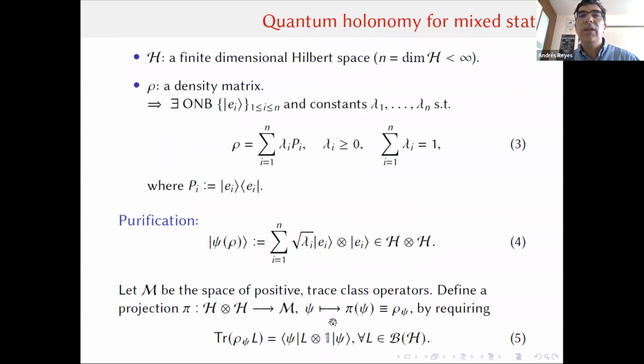Here you see that there is a redundancy. This purification is not unique, basically because it is only when we restrict this state to the first subsystem that we get back our original density matrix. So if we multiply the second entry here in equation 4 by a unitary operator, we will still get the same density matrix.